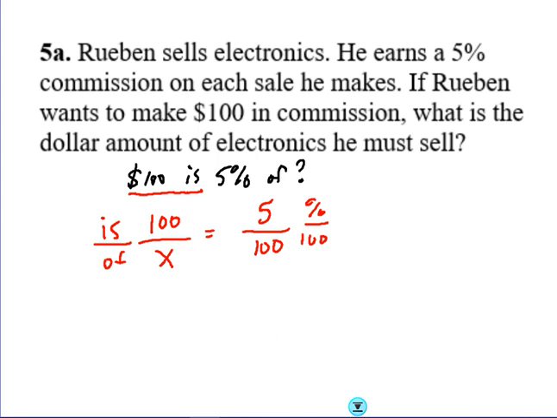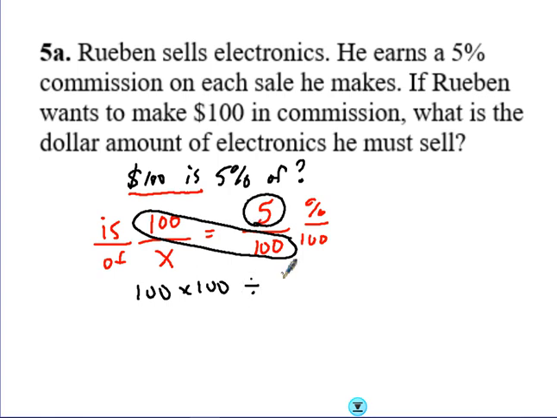We're going to solve it like we've done every other time. We're going to cross multiply 100 by 100, and then divide that by 5. When I do 100 times 100 divided by 5, I end up with $2,000.